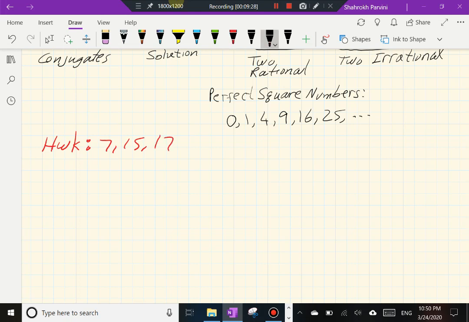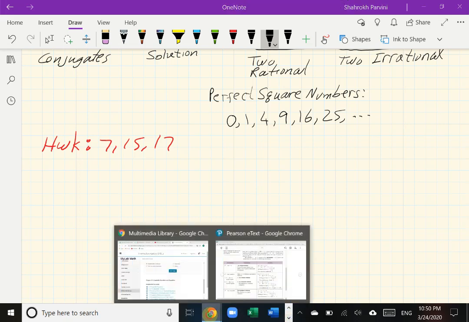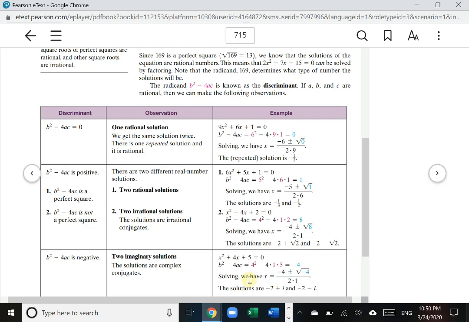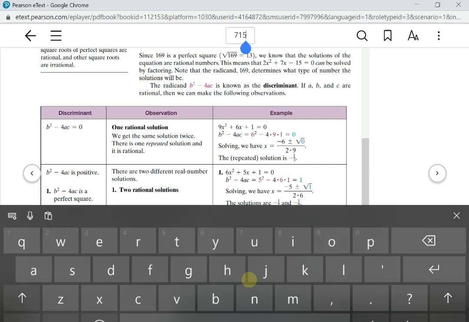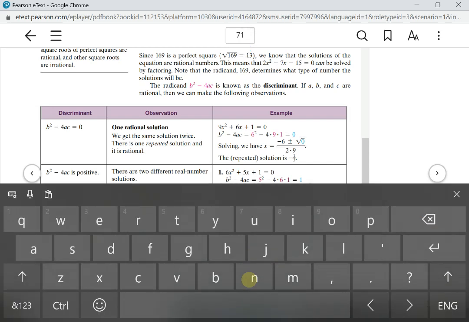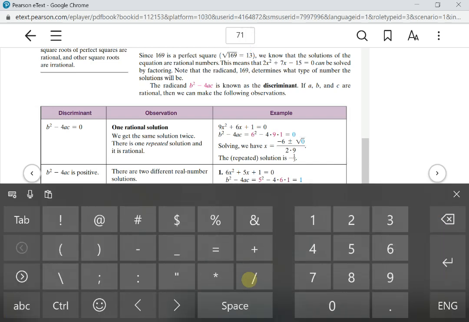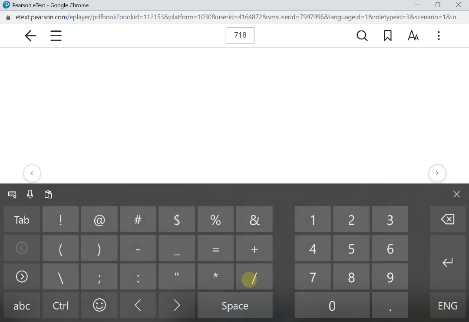Okay, so let me go to the page of the book now, and we'll show you these right in here. The homework is on page 718. So there we have page 718, enter. Once this loads, you're going to look at your homework.